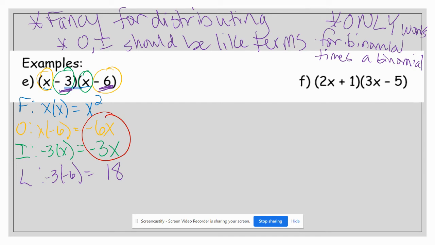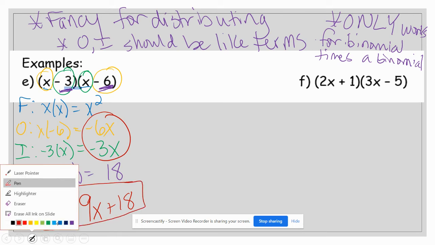They are like terms. So I have x squared, -3x plus -6x is -9x. And then this last term is +18. Second term, first term constant. That's in standard form and a good answer.